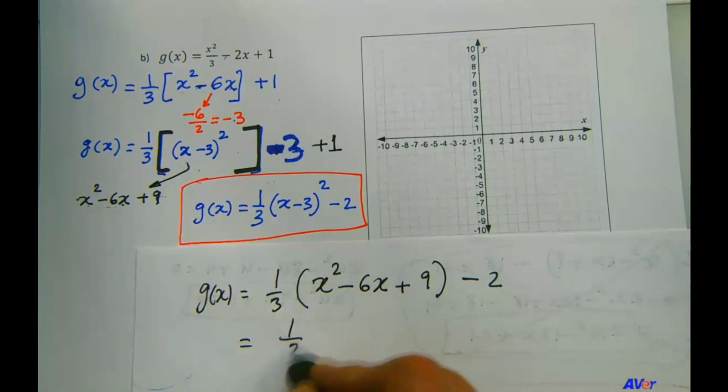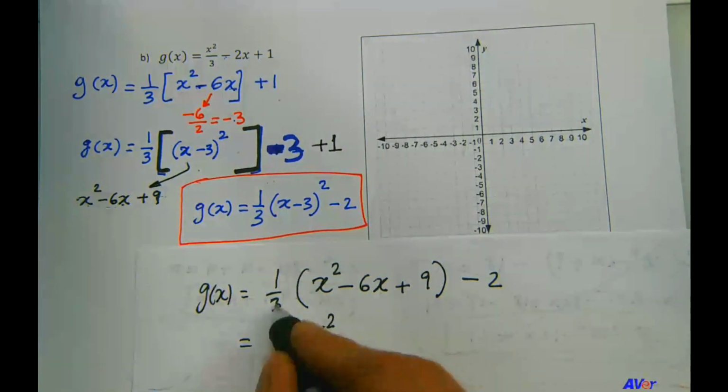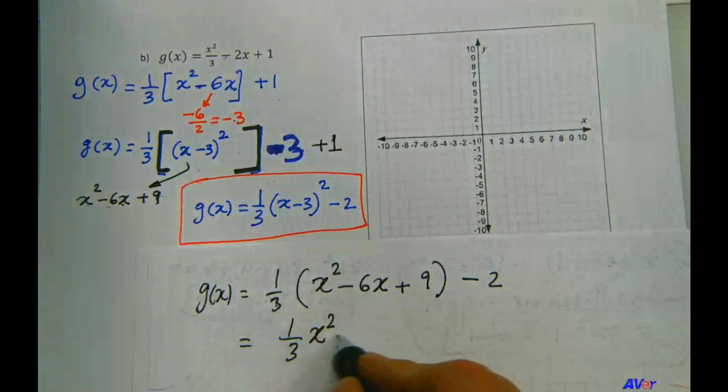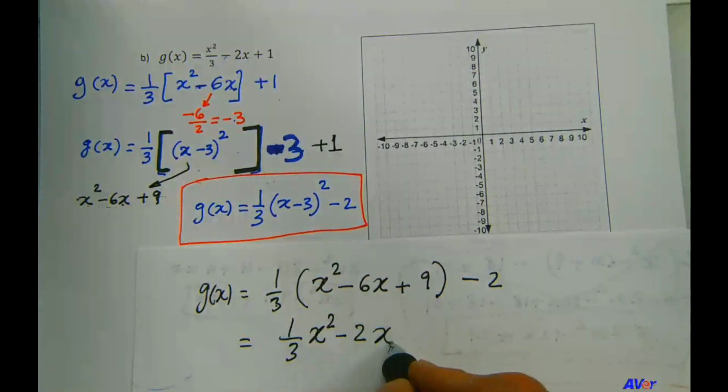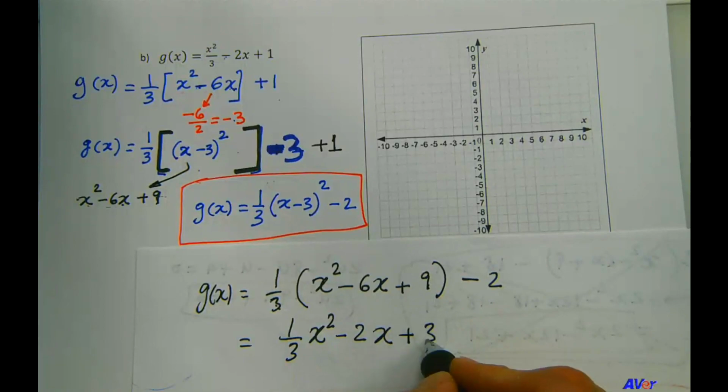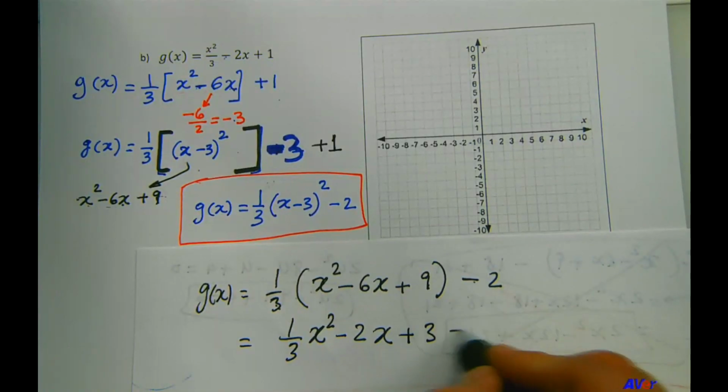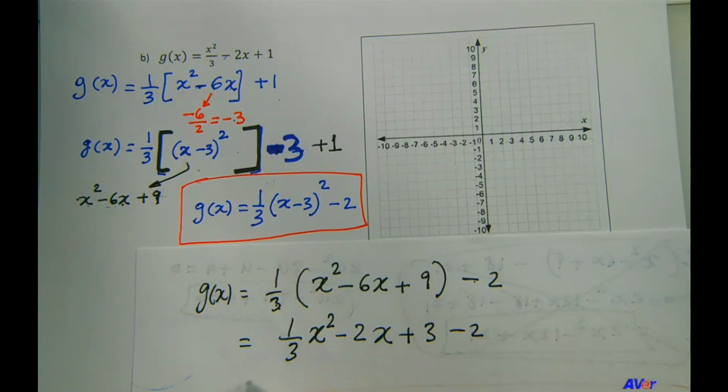So we get 1/3 x squared. 1/3 times minus 6x is minus 2x. 1/3 times 9 is plus 3. Right? And then minus 2 is out here. So let's simplify this again. We get 1/3 x squared minus 2x. 3 minus 2 is plus 1.